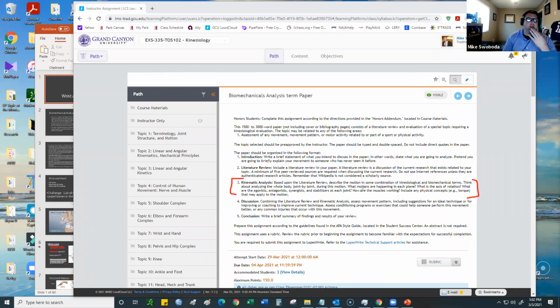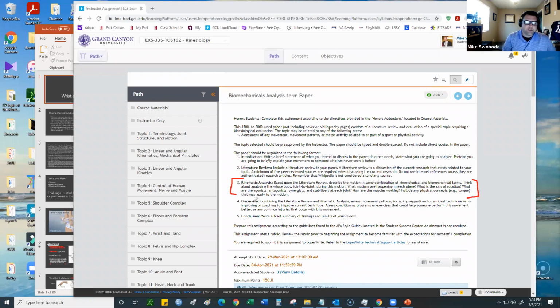So for example, if you were doing say the overhead spike of a volleyball player, you would have your early cocking or wind up phase. You would have your acceleration or striking phase. You would have your follow through phase, things like that. So you have all those different phases, and you're going to do essentially an analysis on each one of those.